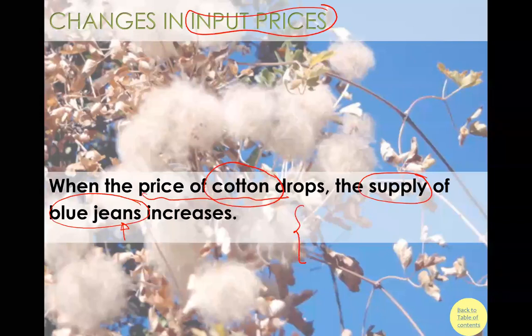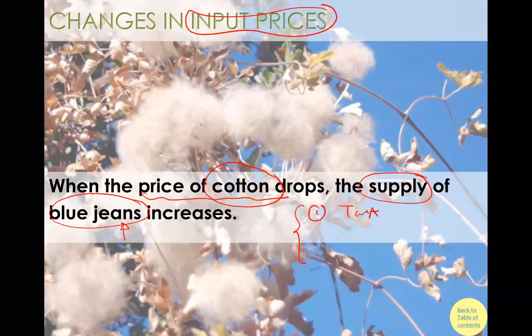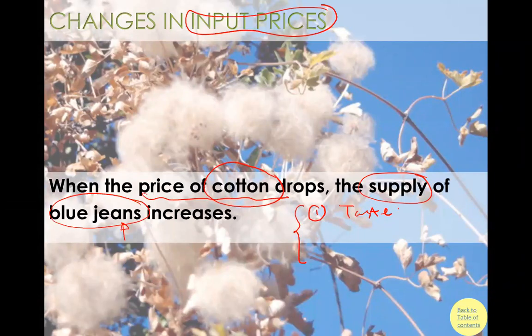Number one, if there's a change in taste, people feel blue jeans are not comfortable or not cool anymore. Even though the price of cotton drops, the supply of blue jeans may not necessarily increase.